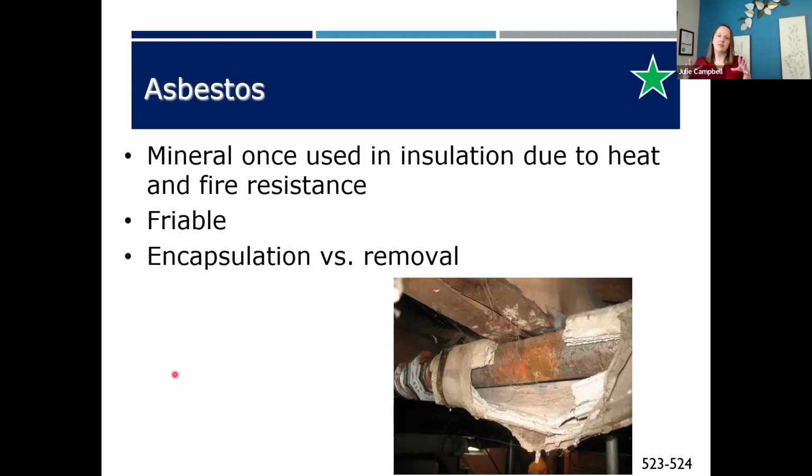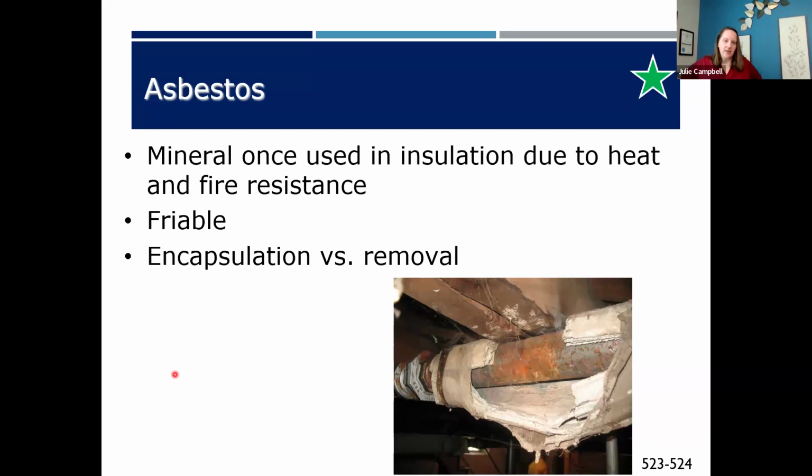Asbestos is mostly used for insulation. It's this fibrous material you're seeing wrapped around the pipe here, and it can help provide insulation to the pipes, especially pipes down in the crawl space or something. Understand this about asbestos. All asbestos is not bad. Asbestos is only bad when it's friable.